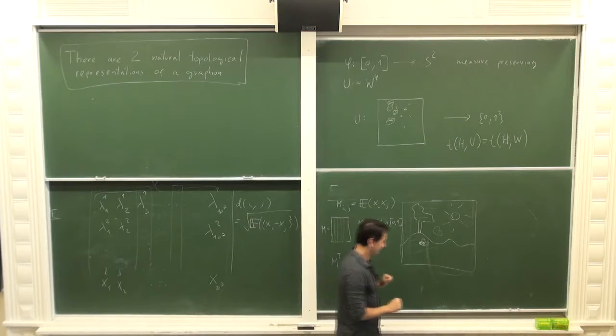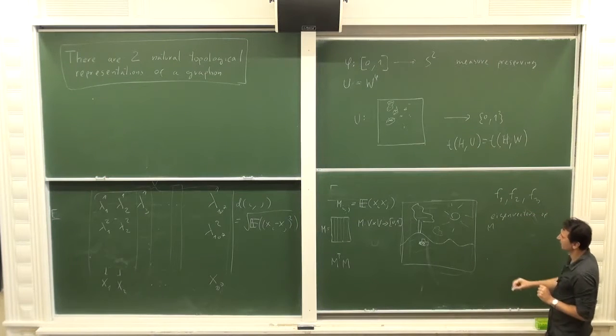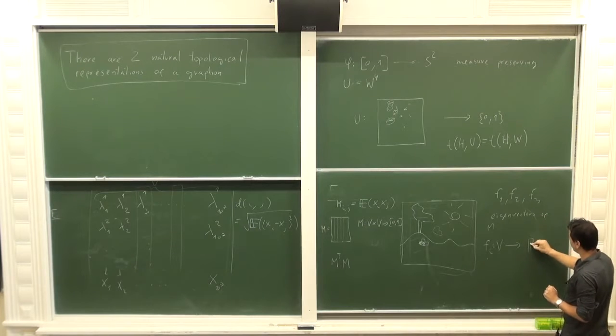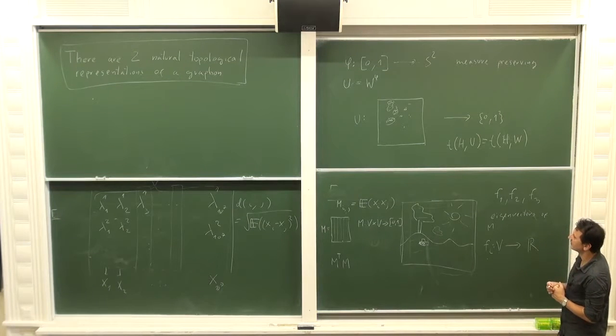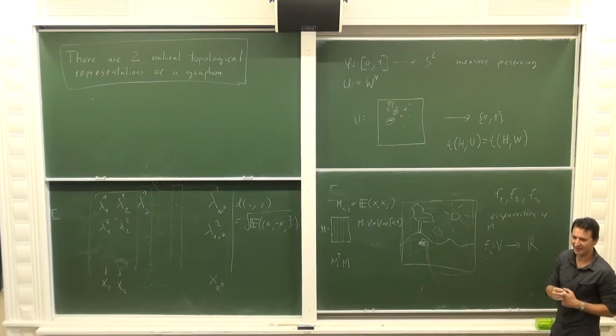So if you look at, say, F1, F2, F3 are eigenvectors of M, then each of these eigenvectors give an embedding of the space V into the real numbers. Okay? And we think of these eigenvectors as continuous functions in the topology, especially those ones which correspond to large eigenvalues.